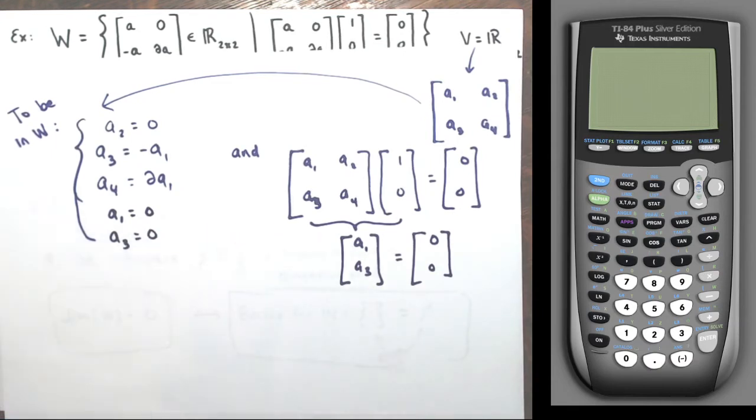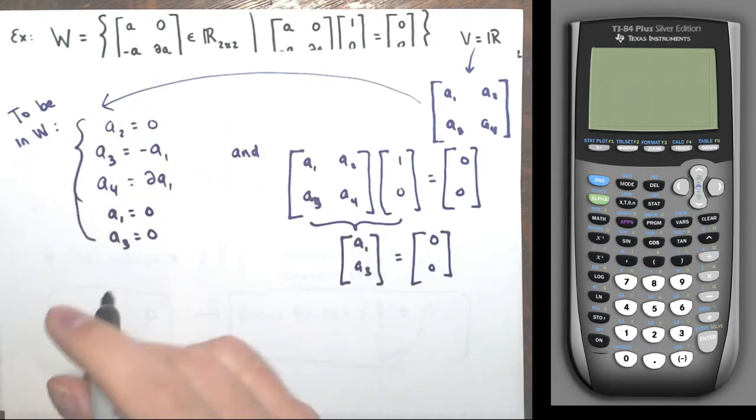And what you're seeing is that the only vector, like, you look at this, this is a system of equations. But you can see that A1 has to be 0, A2 has to be 0, A3 has to be 0. And if A1 has to be 0, then A4 has to be 0, right? You're seeing the only solution to this system.